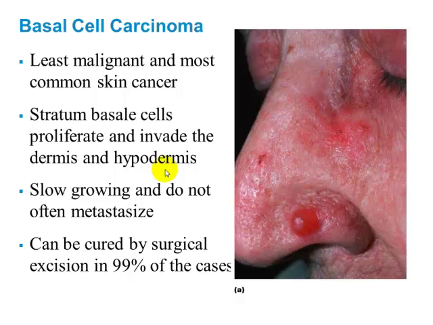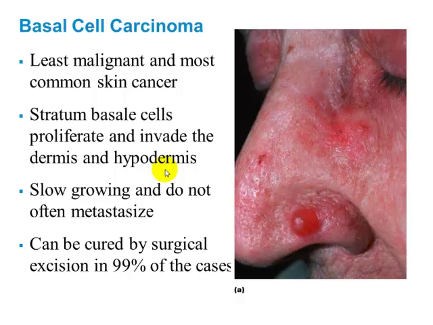Basal cell carcinoma is the least malignant and the most common of the skin cancers. These cancers originate as the layers of the stratum basale, which was that basal layer of the epidermis, become cancerous. These cells, remember, are supposed to divide and grow upward, feeding into the epidermis.